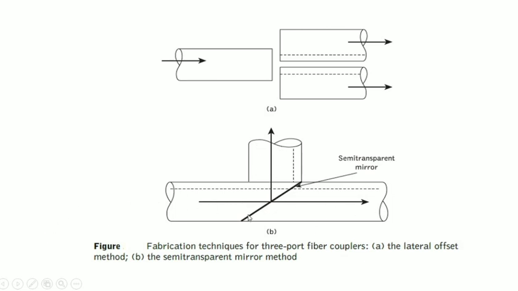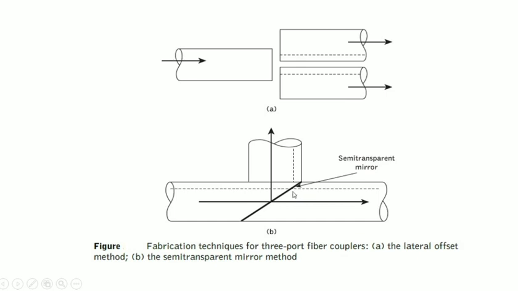The partially reflecting surface is applied at a certain angle. You can assume 45 degrees, 60 degrees, or 70 degrees depending upon your application, to form a thin film beam splitter. So this reflecting surface forms a beam splitter at a certain angle.